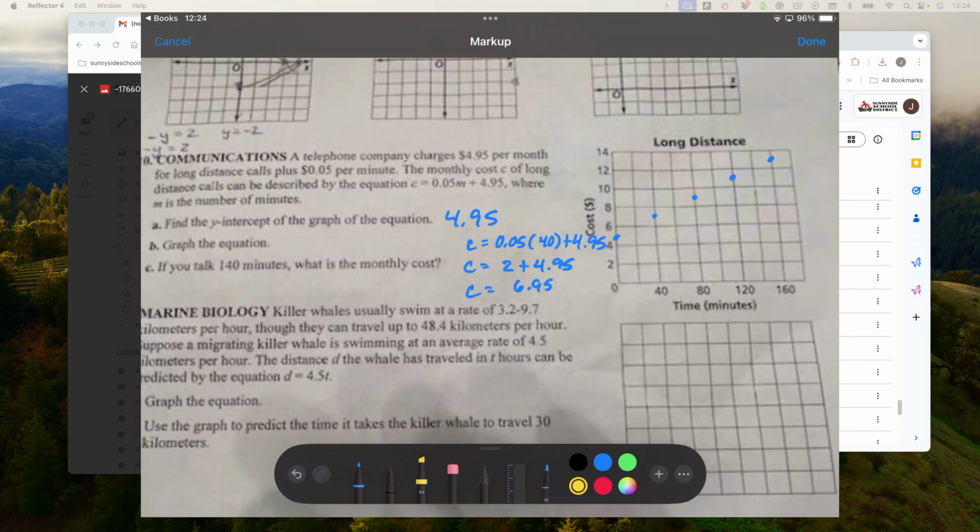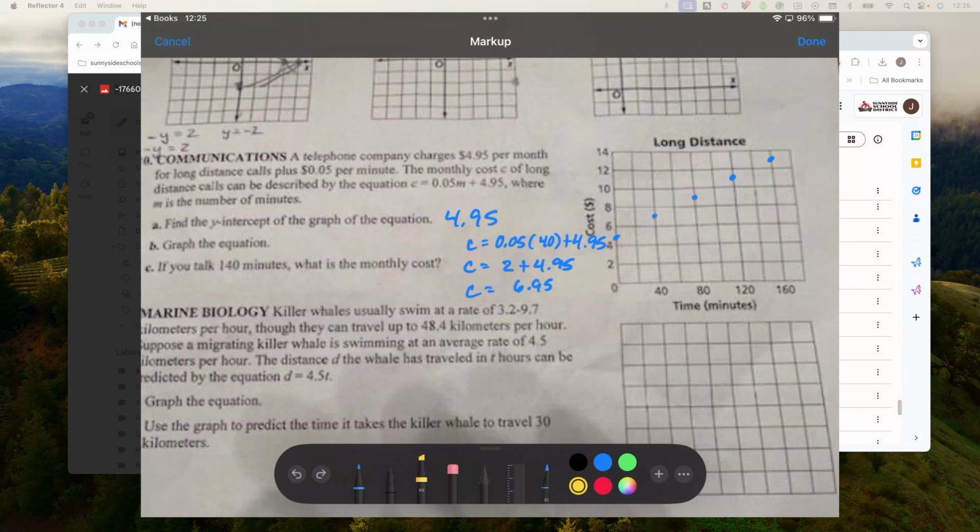You could go through this process for all of those values, 40, 80, 120, 160, and you would get the values that I said: 4.95, 6.95, 8.95, 10.95, and 12.95.